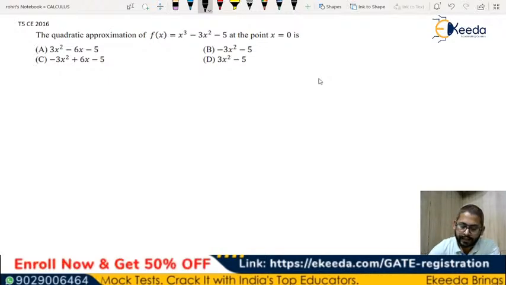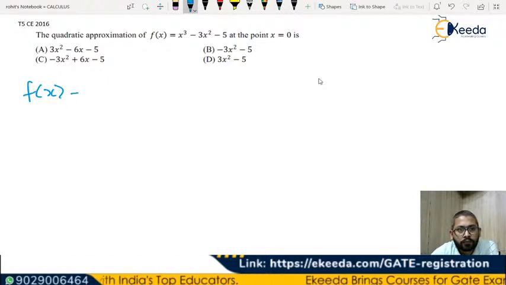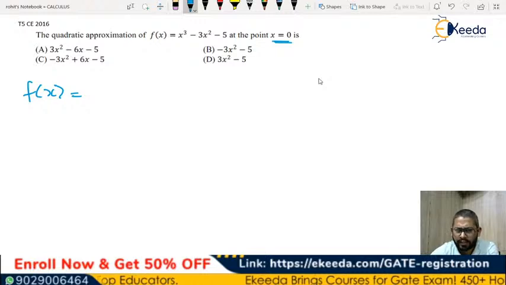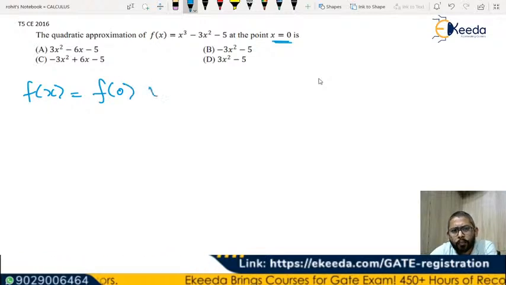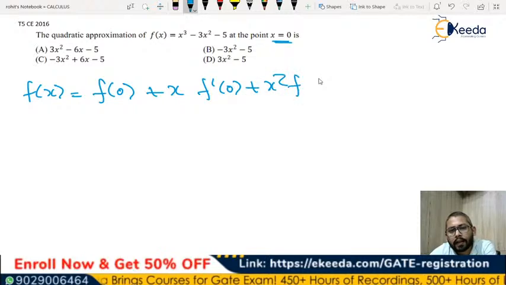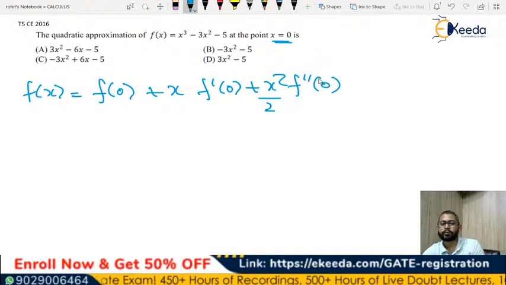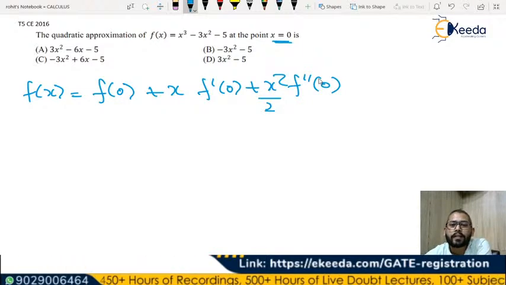So this f of x can be written as, about the point x equal to 0, let's write directly f of 0 plus x f dash of 0 plus x square f double dash of 0 by 2 factorial, which is 2. Right? Now I'm writing what is f of x.